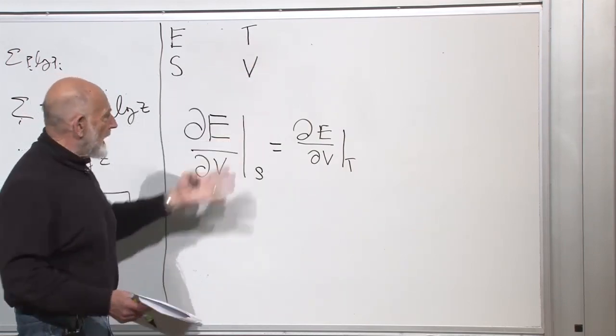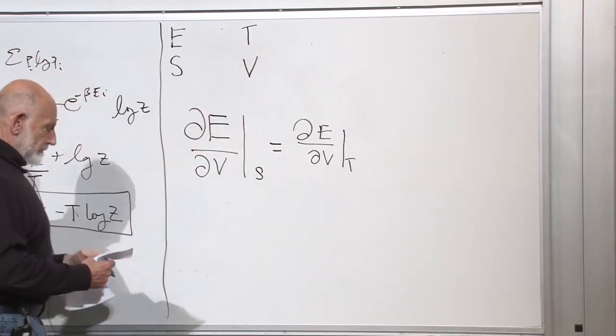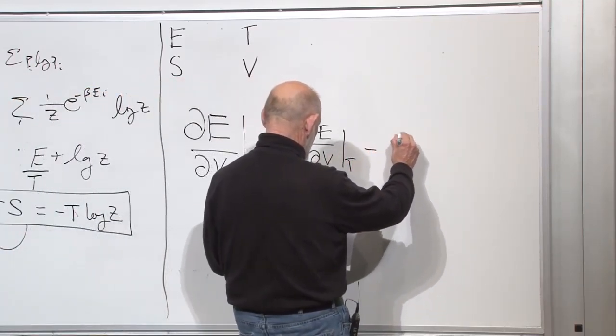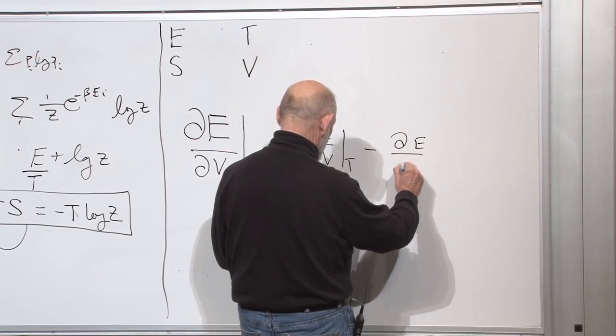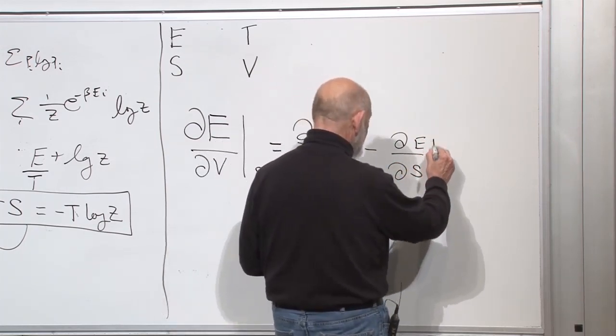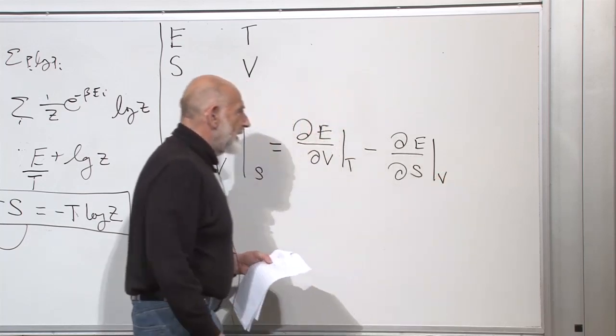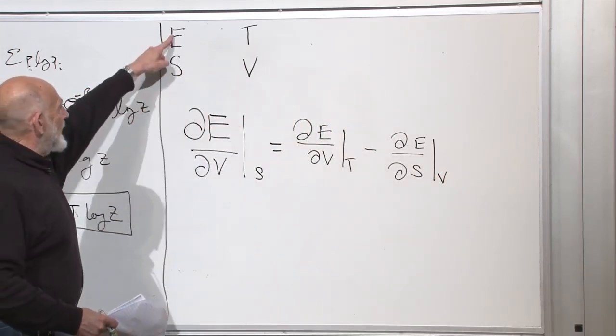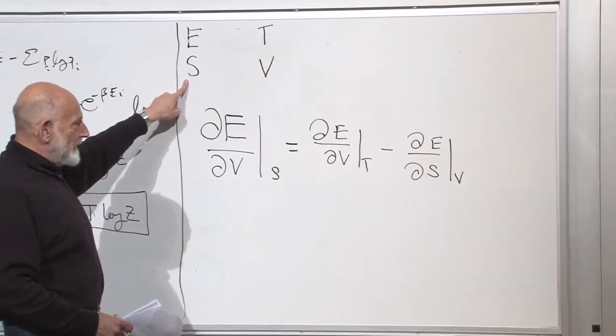That's what we normally do in calculus. But there's an extra term here, and the extra term is minus the derivative of E with respect to the entropy at fixed volume, which is another little weirdo, calculating the derivative of E keeping S fixed.